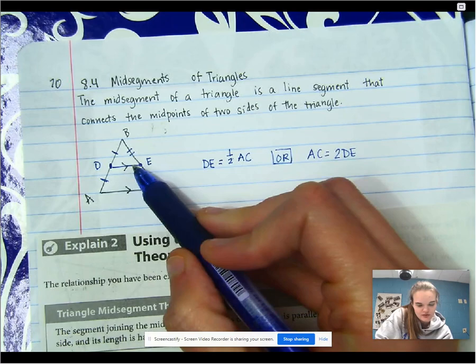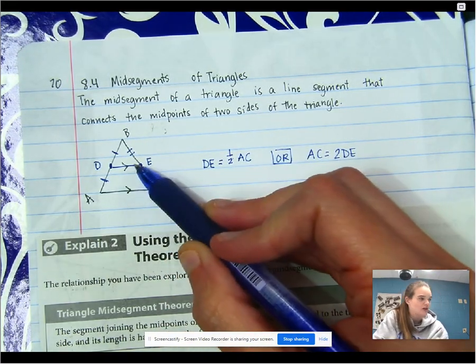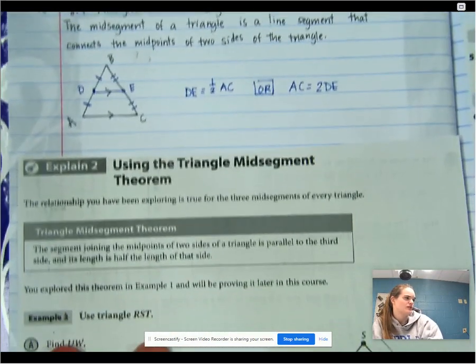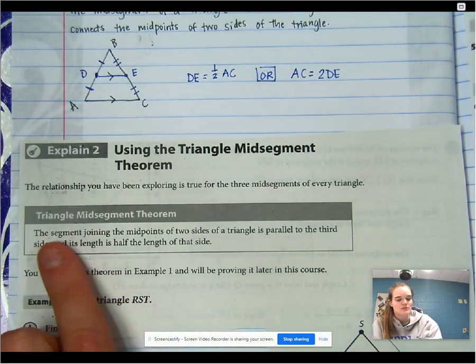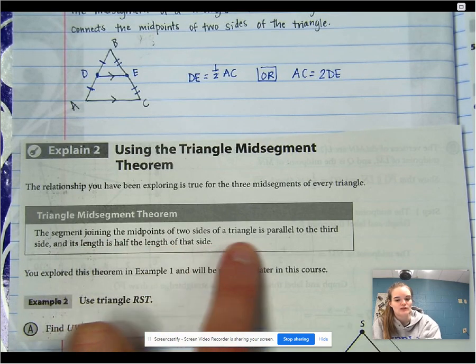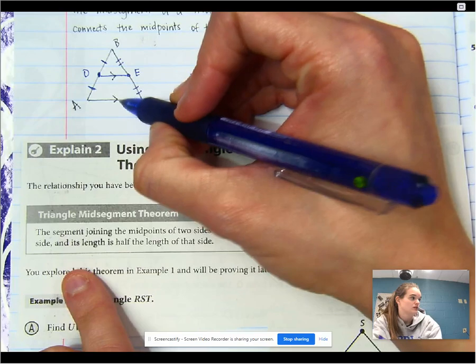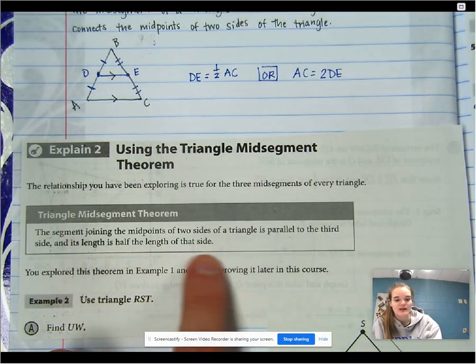So this is half of this, or this is double this. Okay, and that's what the theorem says down here. So the triangle midsegment theorem says the segment joining the midpoints of two sides of a triangle is parallel to the third side, and its length is half the length of that side.